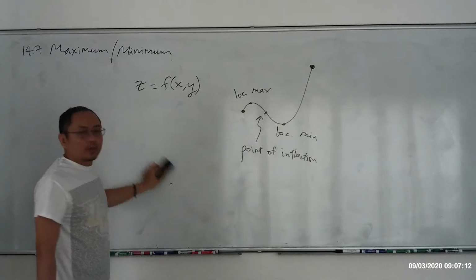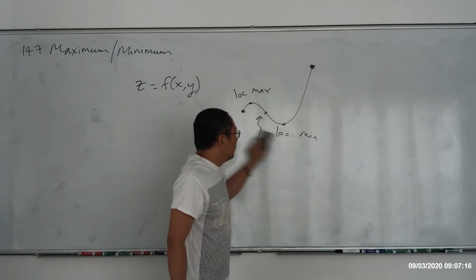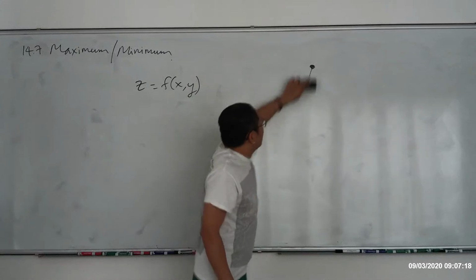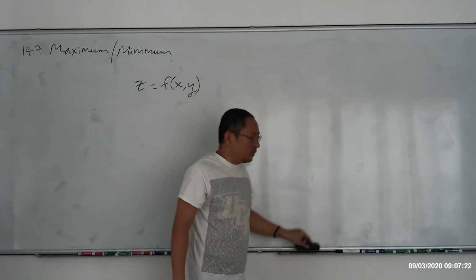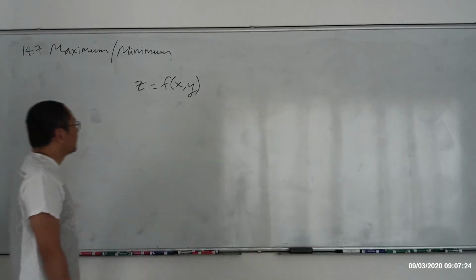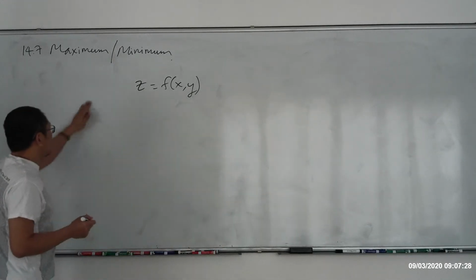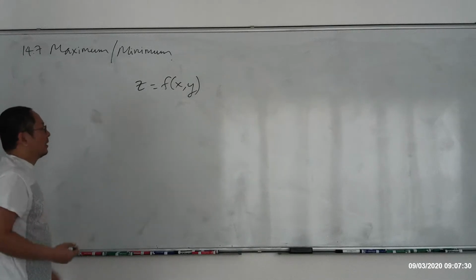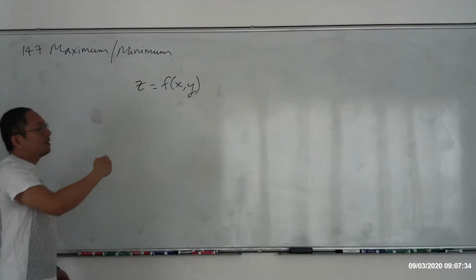In this section 14.7, we're gonna deal with two variable functions. Okay, so you have something like z equal to f(x,y), and this is the step that you guys are gonna follow. Very similar. You have f(x,y), right? Now you don't take the derivative.